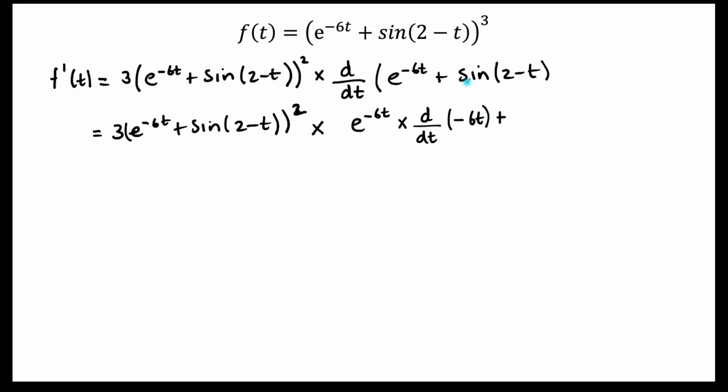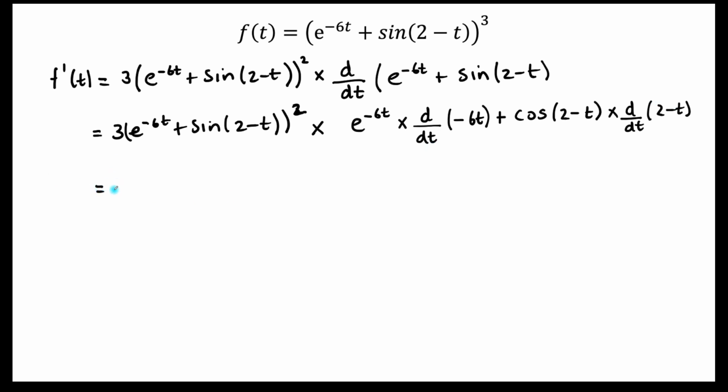plus, now differentiating the sine, that would give me cos of 2 minus t, multiplied by the derivative of the inner part, and the inner part is 2 minus t.